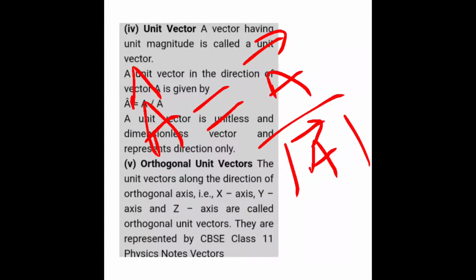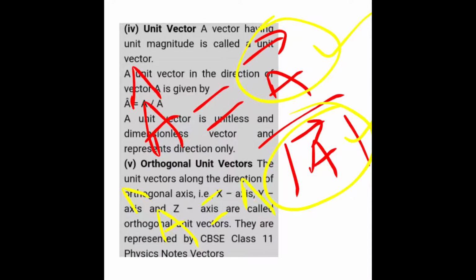Now what is the significance of this unit vector? The modulus gives the magnitude and the vector gives the direction. That means a vector has both direction and magnitude. But when the magnitude of any vector is 1, it becomes a cap equals a vector.